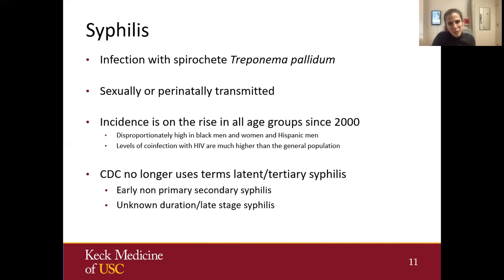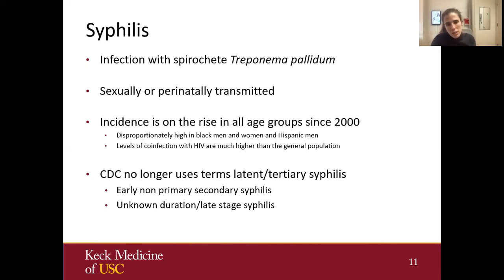Something that I read when preparing for this talk made me feel a little outdated: evidently the CDC, in its current terminology, is no longer really using the terms latent or tertiary syphilis. Instead, early non-primary, non-secondary syphilis is my understanding.